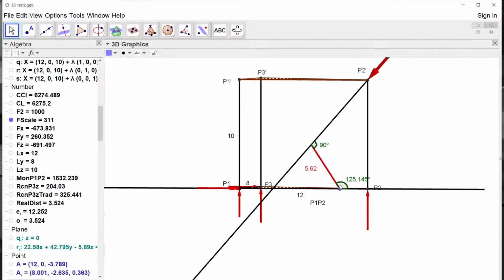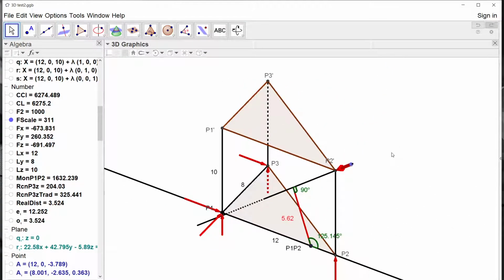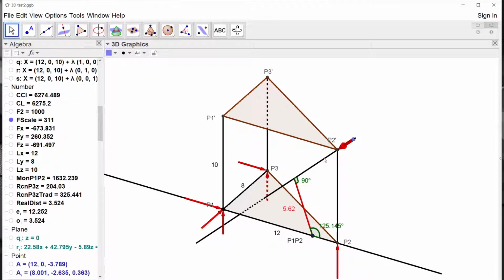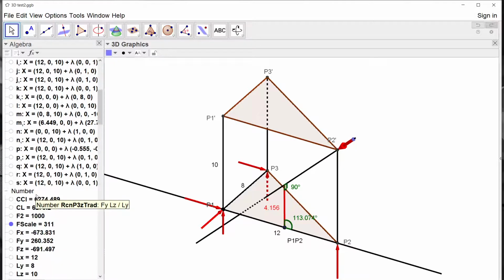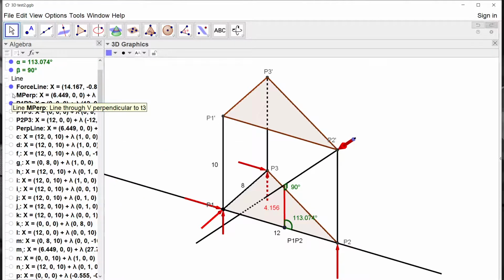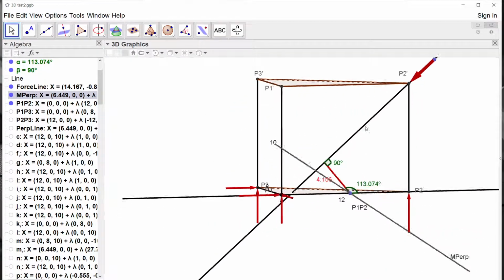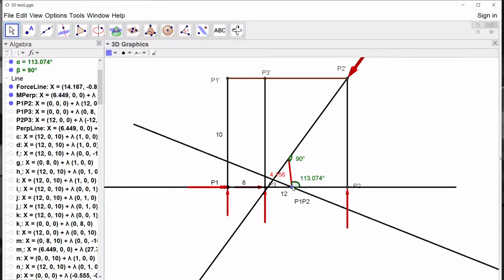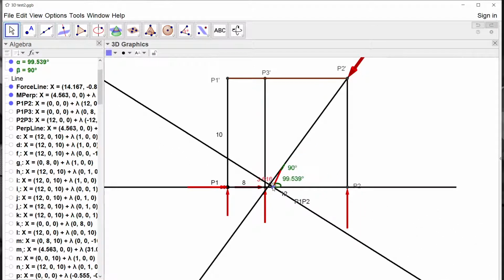It's a warped surface, and that causes some troubles because when I do force cross radius as a cross product to get the moment, that moment is not about the 1-2 axis. It's about the axis that is perpendicular to the force line and the radius line. And that line is in this direction. So I think you could see it here. So as I move this, that line changes.